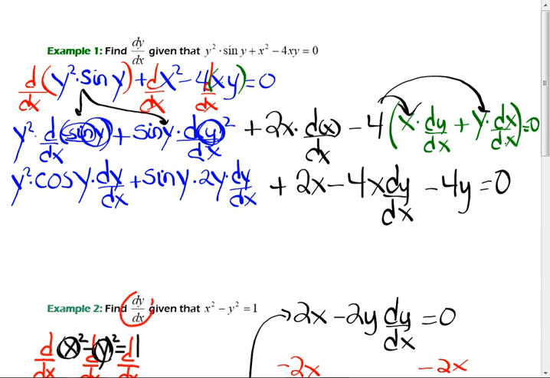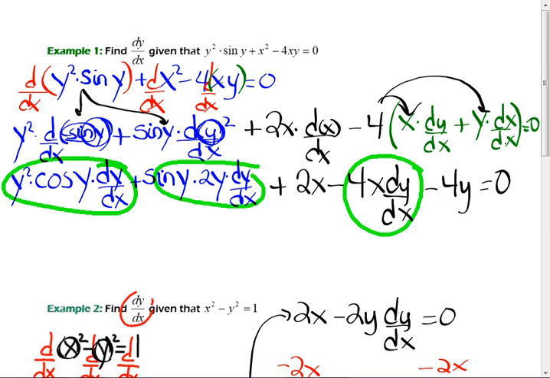And I'm going to highlight the dy dx's. If you wanted to solve for dy dx, you have to get all of these on one side of the equation and get the other stuff that's not highlighted on the other side. Those are y's. Where are you looking at minus 4? This is minus 4y. Don't forget the y was there, because it was x times y.